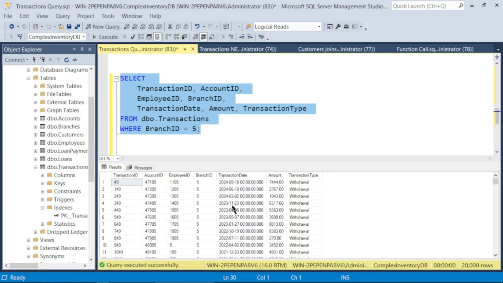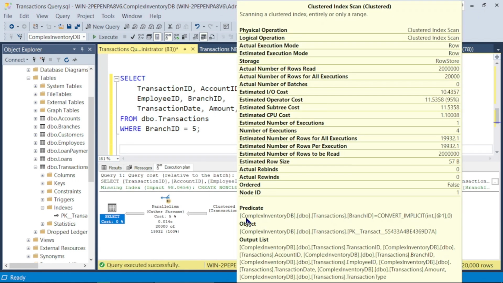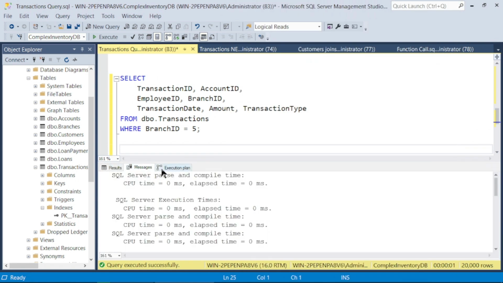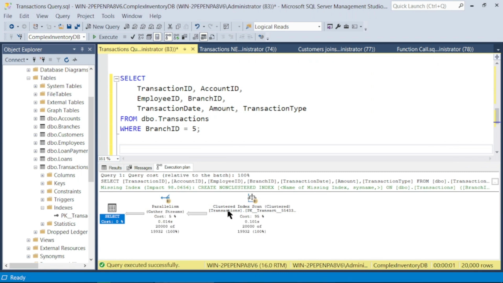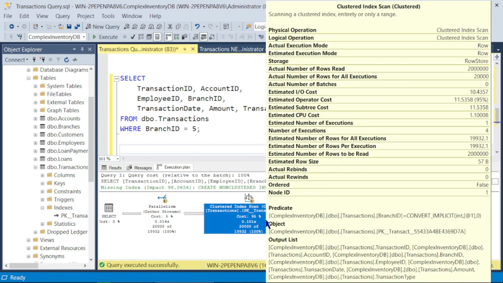In this query we are using where branch ID is 5. Branch ID has no index. So now we are ready. Execute the query. After execution, SQL Server generates an execution plan that shows exactly how it processed this request.